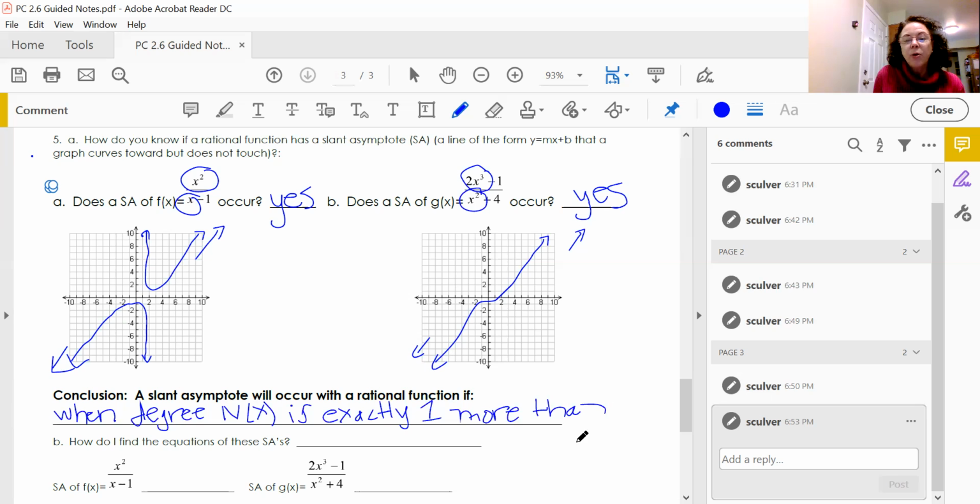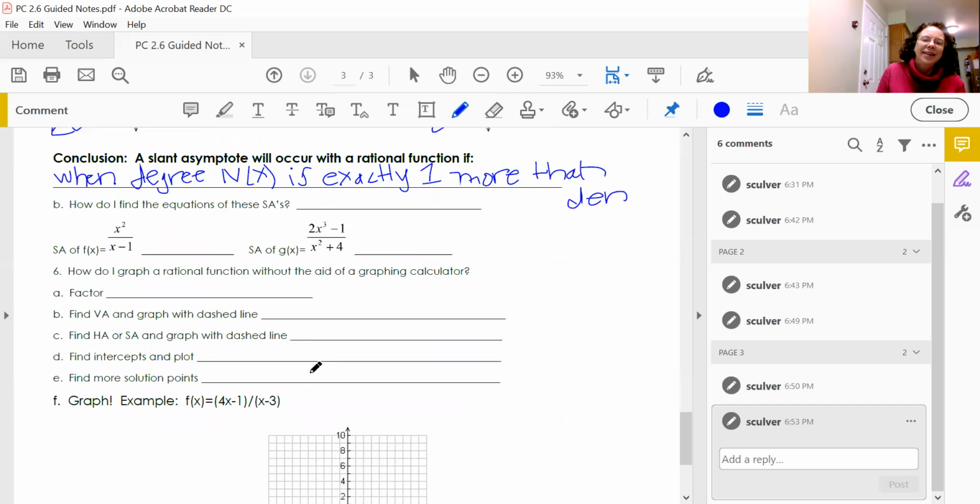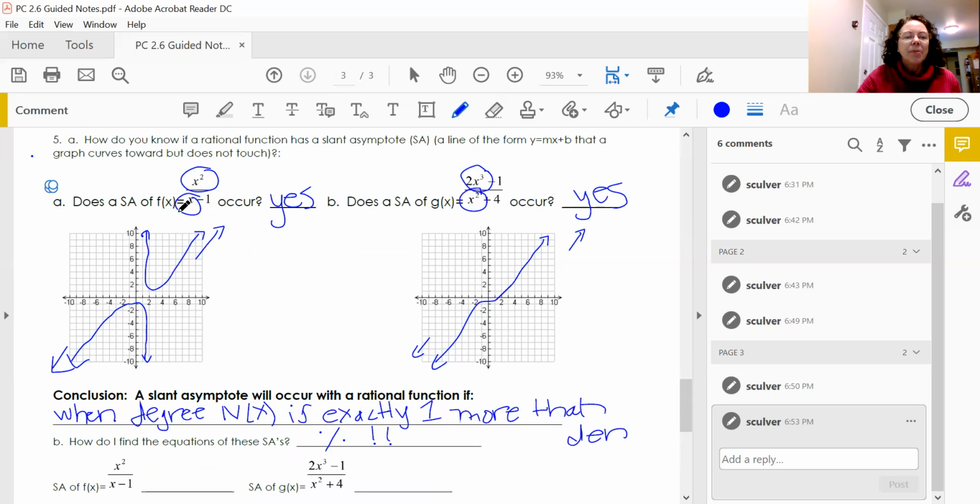Now we know how to find horizontal and vertical asymptotes, right? So how do we find the slant asymptote in y equals mx plus b? Well, guess what? It is division. I'm afraid so. When you look at these rational expressions, this is actually a division problem: x squared divided by x minus 1, 2x cubed minus 1 divided by x squared minus 4.